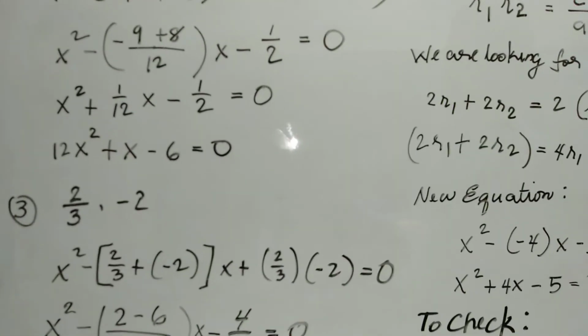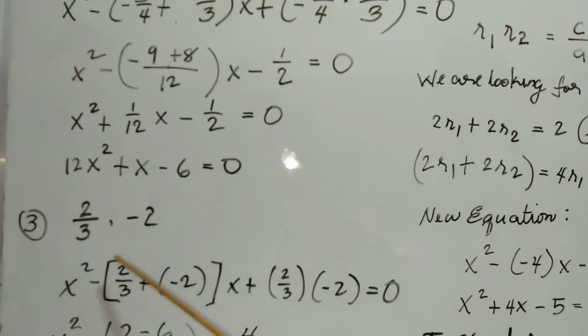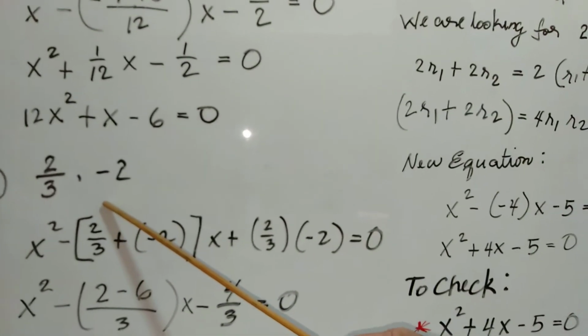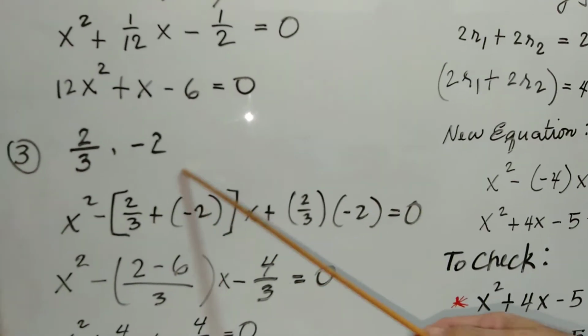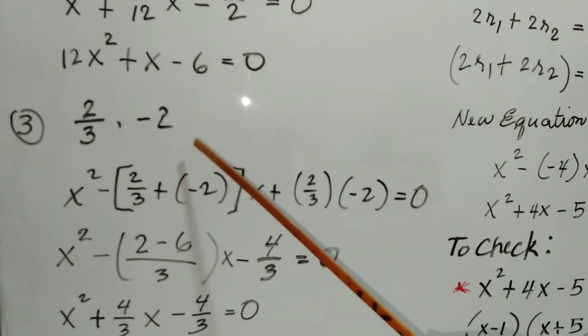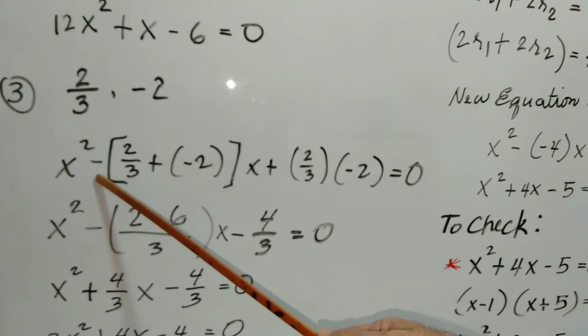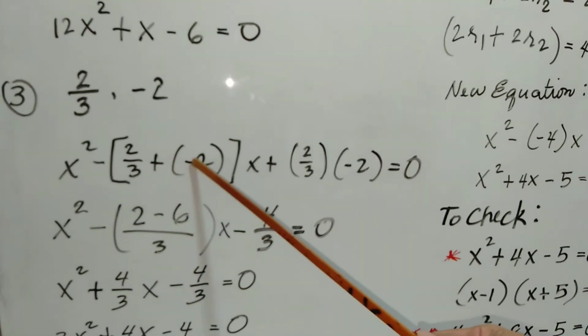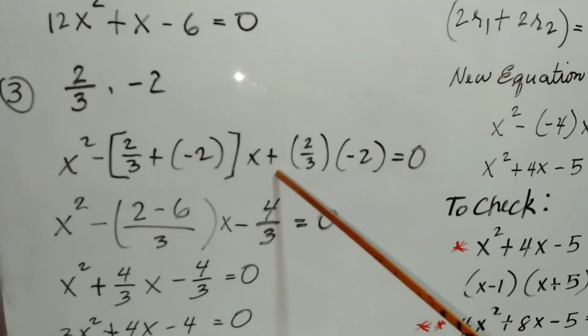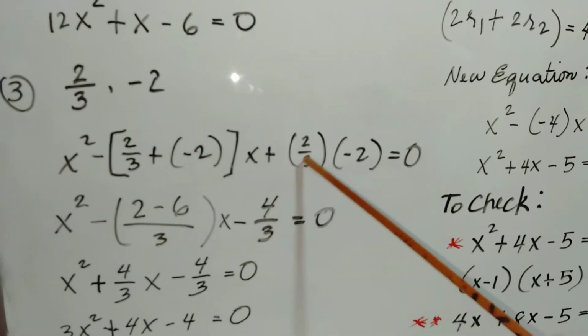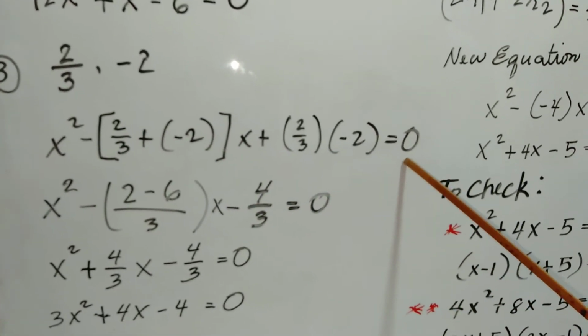For number 3, we are given 2/3 and -2 for our roots. So again, substituting to the given formula, x squared minus the quantity 2/3 plus -2 times x plus the product of these two roots, 2/3 times -2, is equal to 0.